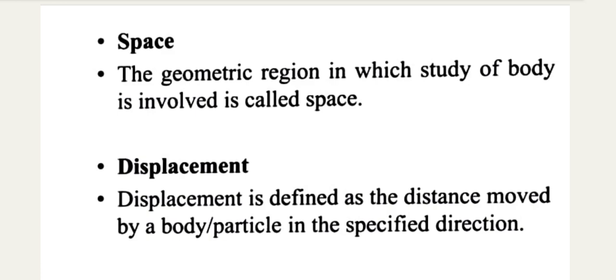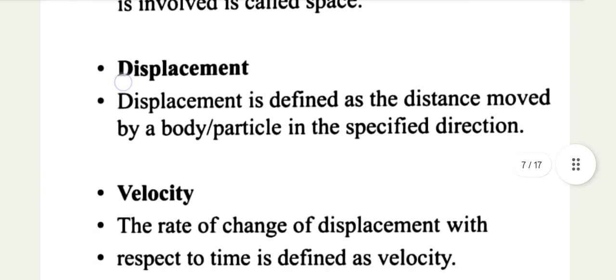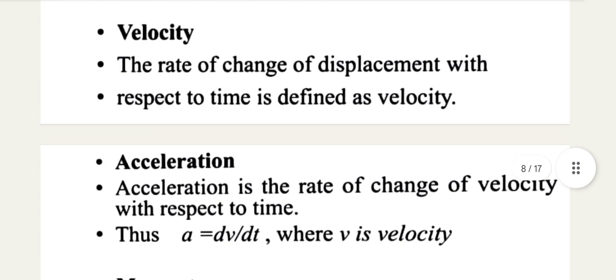Next one, displacement. The displacement is defined as the distance moved by a body particle in the specified direction. Next one, velocity. The rate of change of displacement with respect to time is defined as velocity.